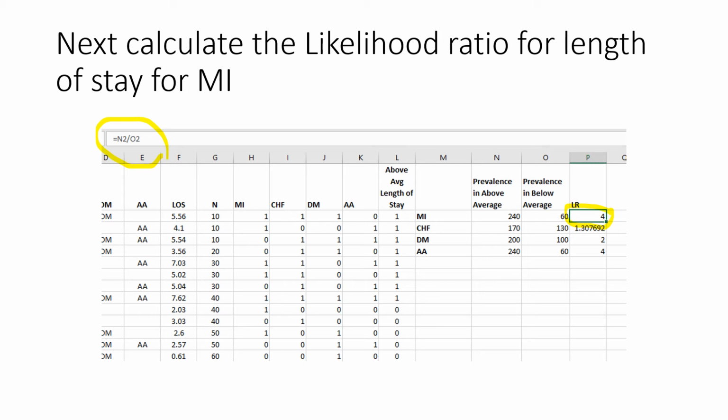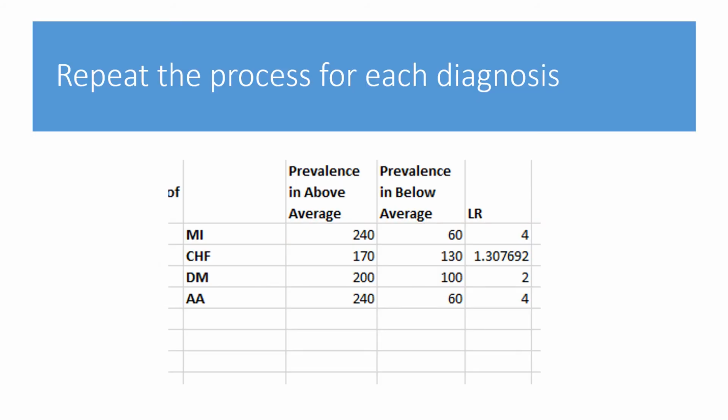In the case of MI, in this Excel example, it is 4. The likelihood ratio for CHF is 1.31, for diabetes is 2, and alcohol abuse is 4. Again, this is the final product after you've completed all of your likelihood ratios for each diagnosis.